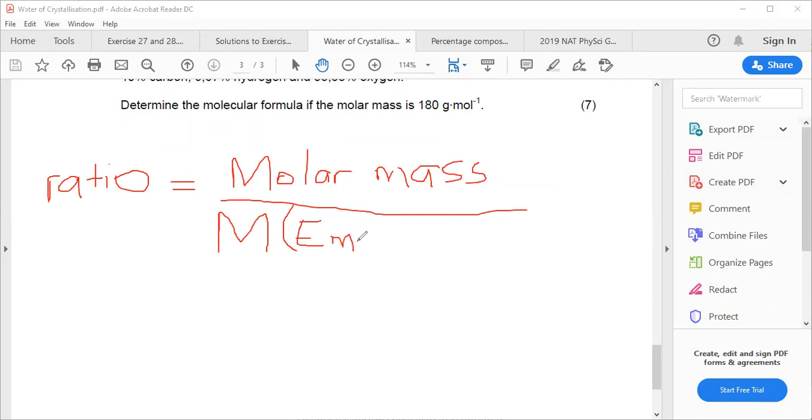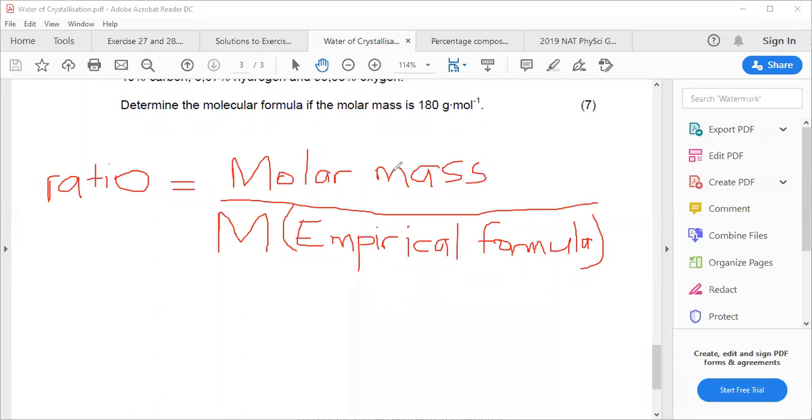That M there means molar mass. Right, so that's what you have. Ratio is equal to molar mass over molar mass of the empirical formula.